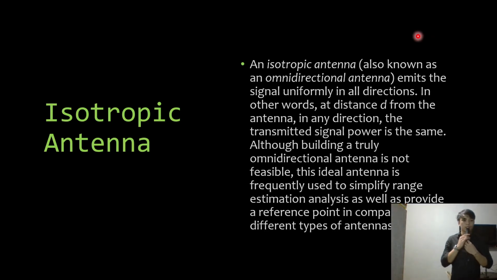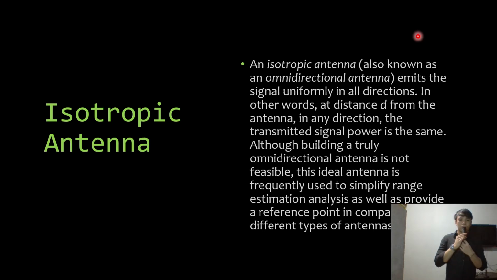So, isotropic antenna. It is also known as an omnidirectional antenna. It emits the signal uniformly in all directions. In other words, at a distance from the antenna in any direction, the transmitted signal power is the same.